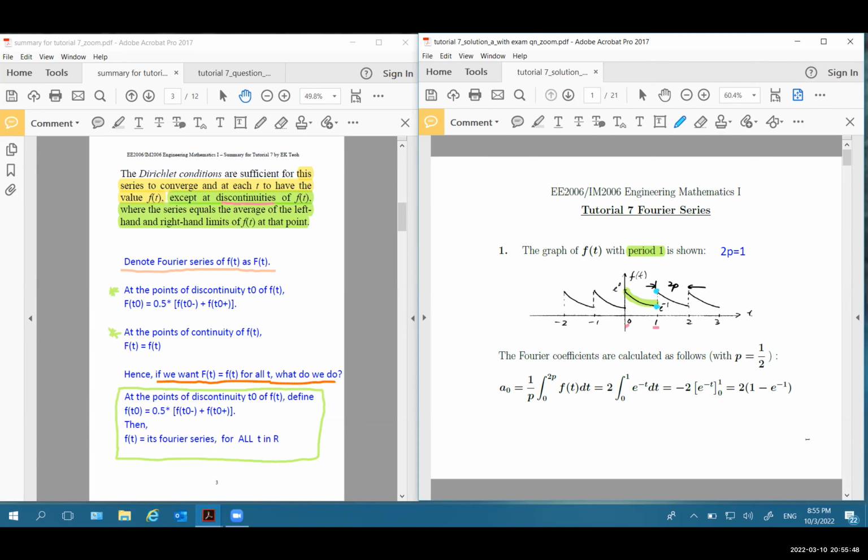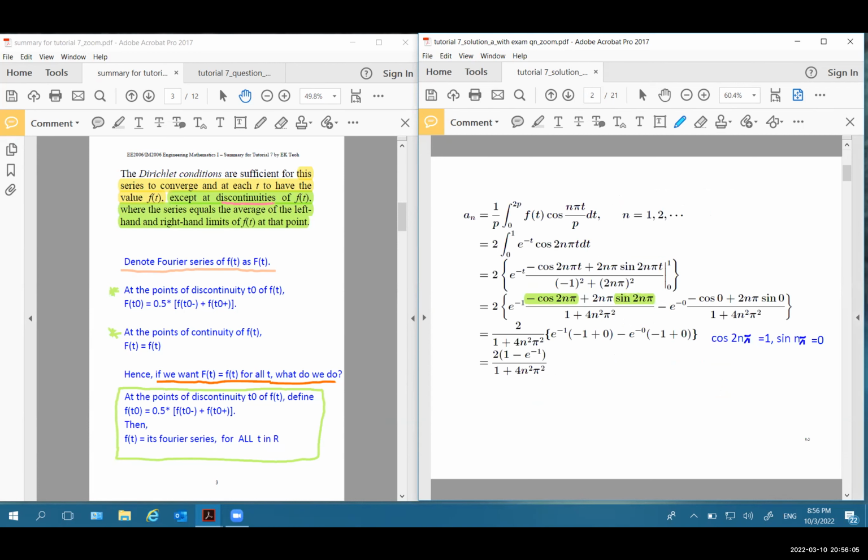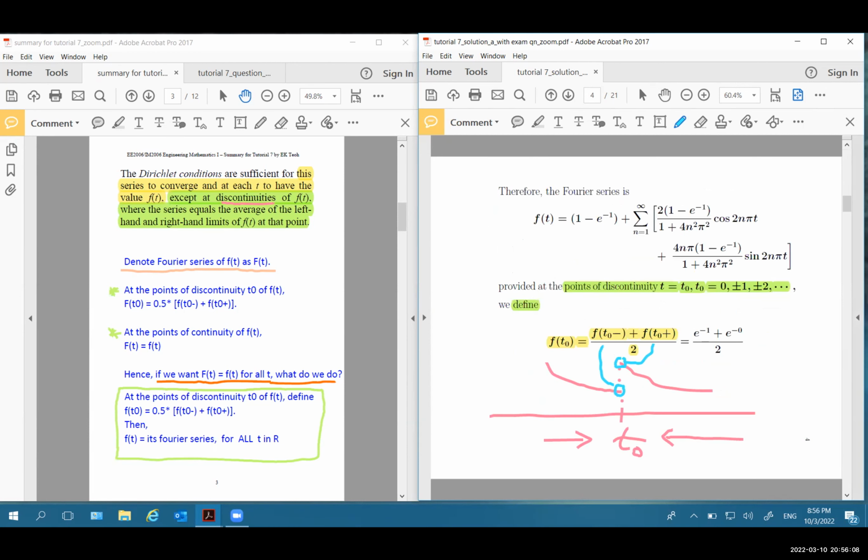You can see this is f(t0 minus), which is e to the power minus 1, and your f(t0 plus) is e to the power 0. So it's the average of these two points. That's why we have this.